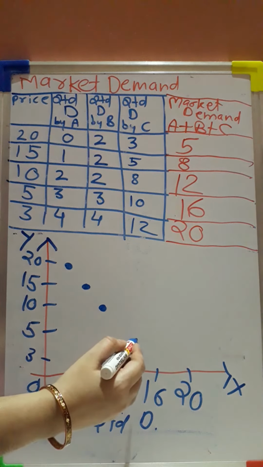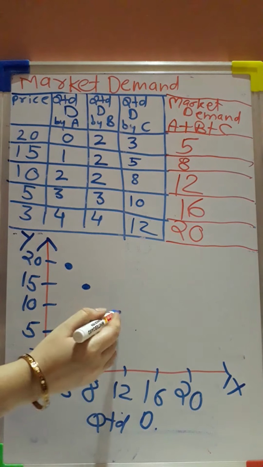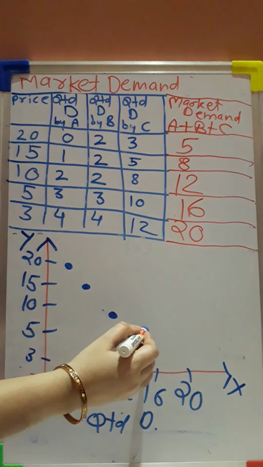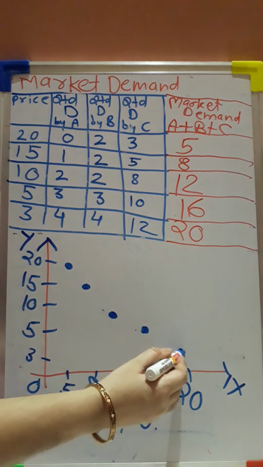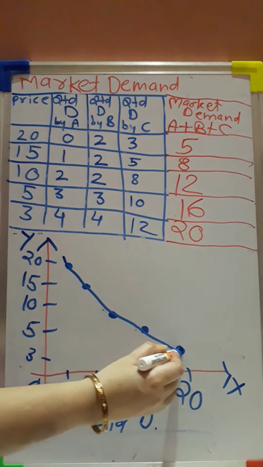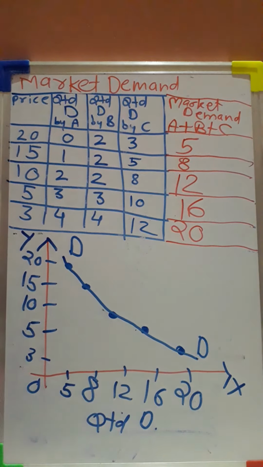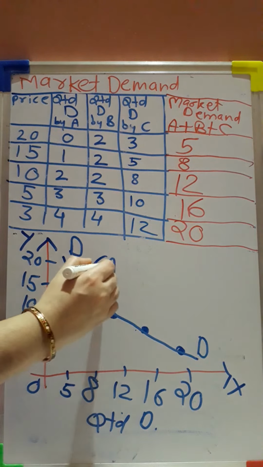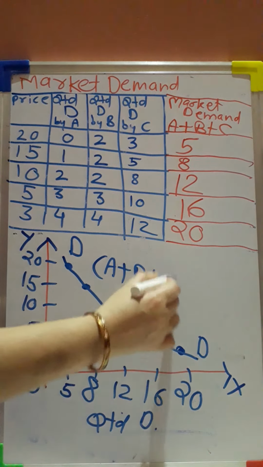At rupees 5, market demand is 16. At rupees 3, market demand is 20. So in this way our demand curve is downward sloping from left to right. So how to calculate market demand? By addition of all the demand of individual buyers in the market.